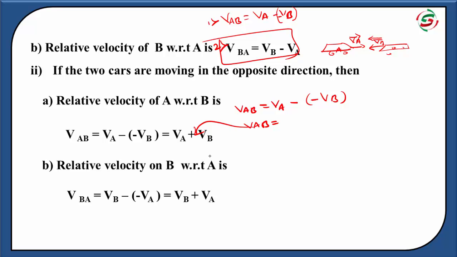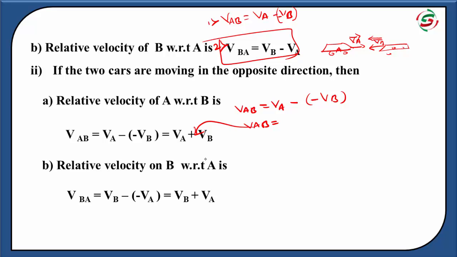Relative velocity means the velocity of a body with respect to another body, or the velocity of one object with respect to another moving object. This is called relative velocity, and these are the equations when the bodies move in the same direction.